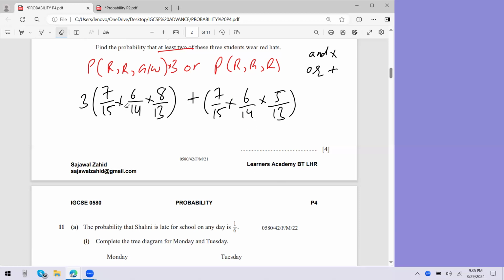Please tell me after solving these all. 20 seconds.